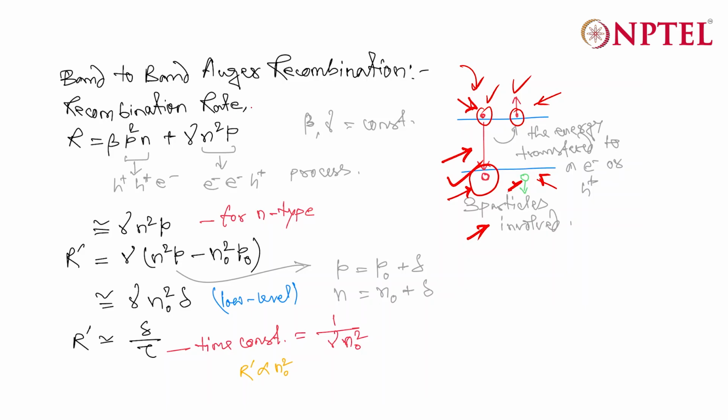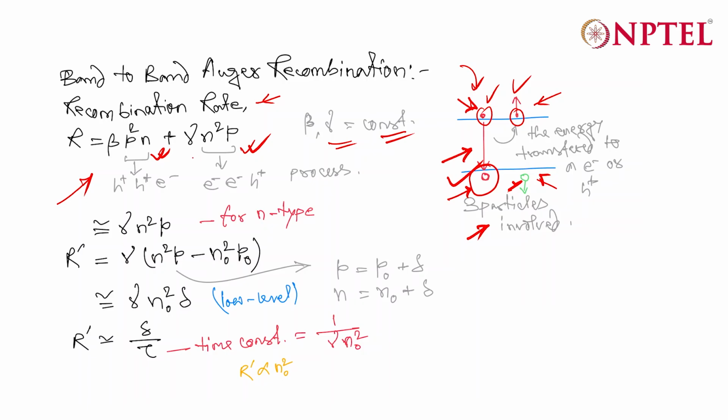Now, in this case, the recombination rate R can be written as beta p square n plus gamma n square p, where beta and gamma both are constants. And we consider for both hole electron process and electron hole process, the constants are different. So you will get to the expression like this, where R is equal to constant into p square n plus a constant into n square p.